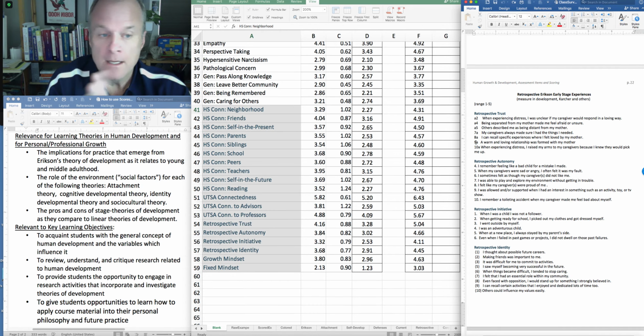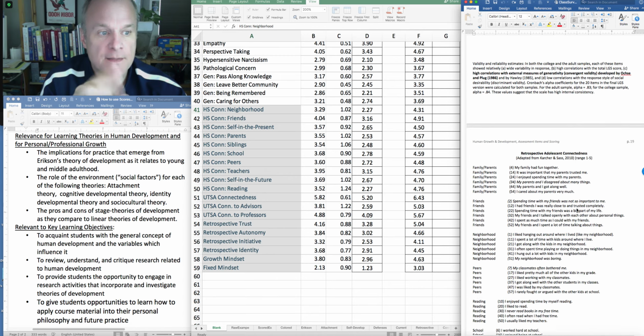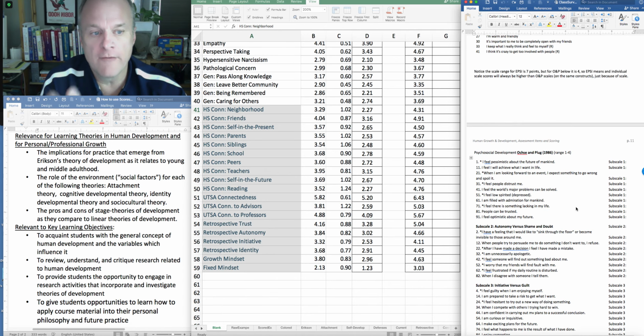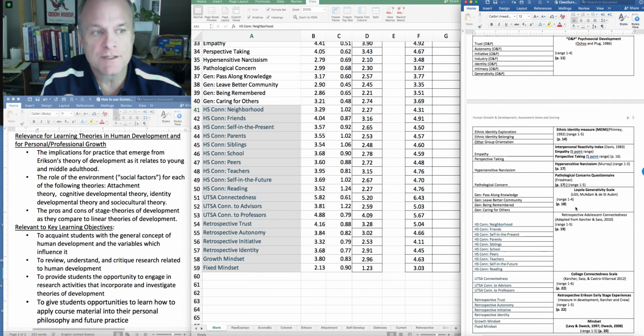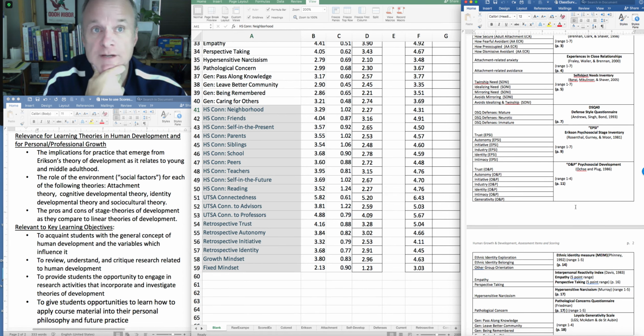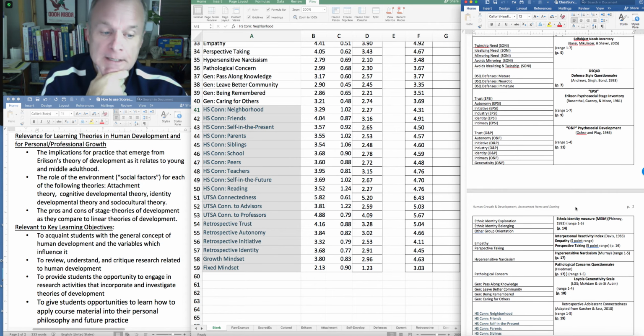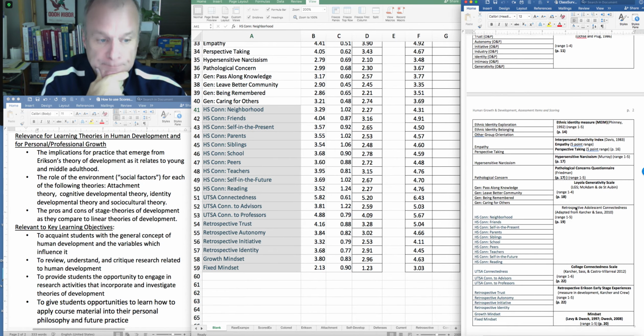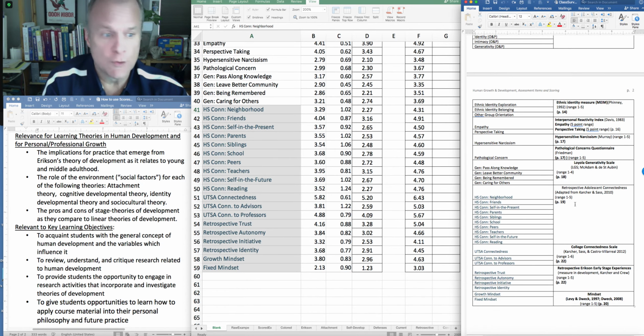So, to recap, in this list of measures, all of them but the last few have been used in prior studies and have some history of reliability and validity evidence. I'll walk through which of those we have. But the retrospectives are these connectedness scales and these trust and identity scales.